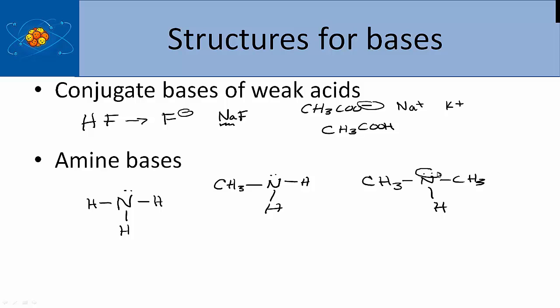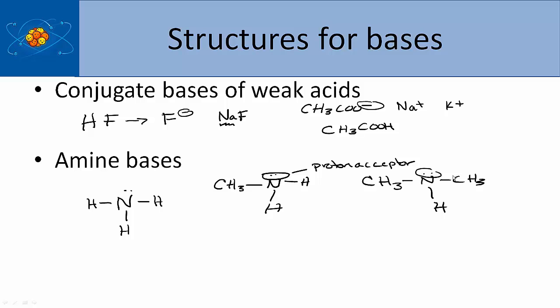You would have a group attached to this lone pair. Now, amine bases need this lone pair to act as a proton acceptor. And if it's occupied by a fourth group, another methyl group, for example, the central nitrogen takes on a positive charge, but more importantly for the discussions of acids and bases, it can't act as a base anymore because the lone pair isn't there to accept the proton.